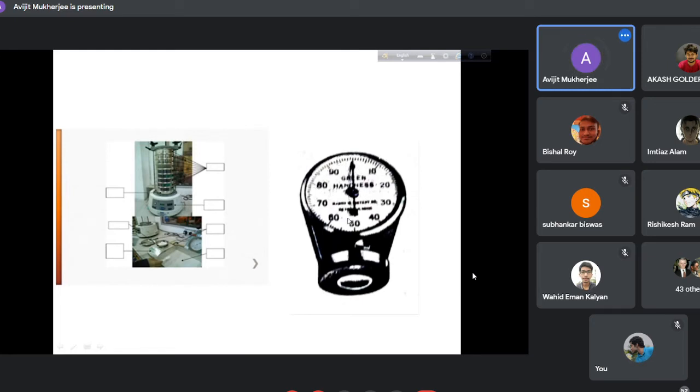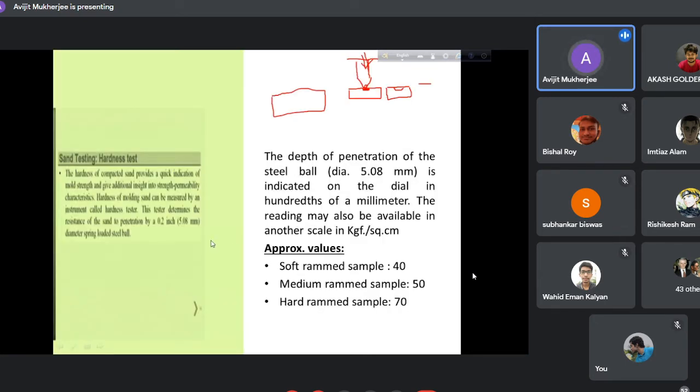There is a spring operated device, and there is a steel ball indenter. What is the size of the steel ball indenter? This is a standard: 5.08 millimeter or 0.2 inch diameter of that steel ball.